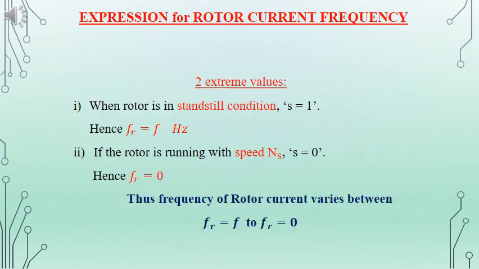So when we consider the two extreme conditions, when S is equal to 1, the rotor frequency will be equal to the supply frequency or the stator frequency, and when S is equal to 0, or when the rotor runs at speed Ns, the frequency of the rotor current will be equal to 0. Fr = 0. So the frequency of the rotor current can vary from f to 0.